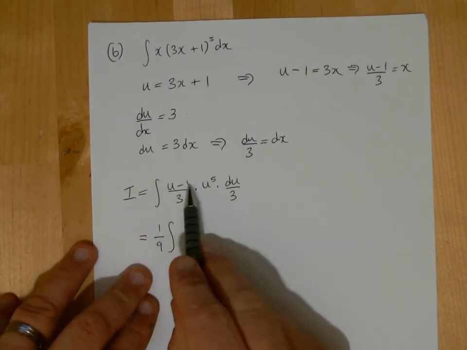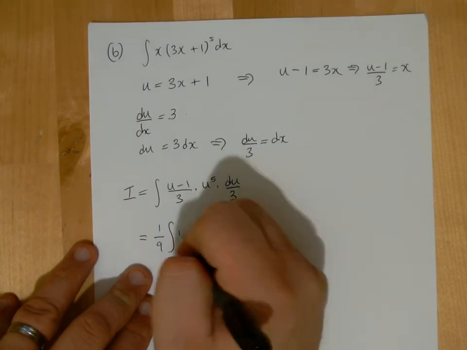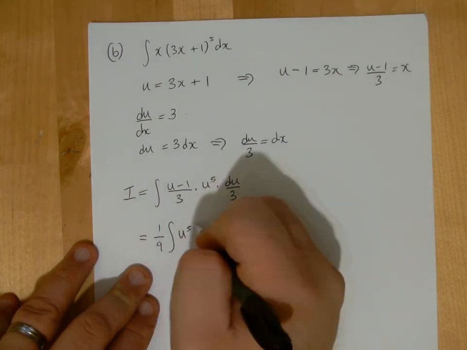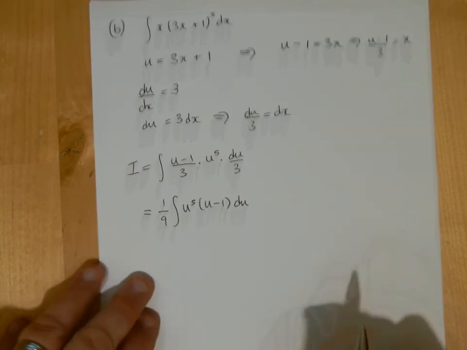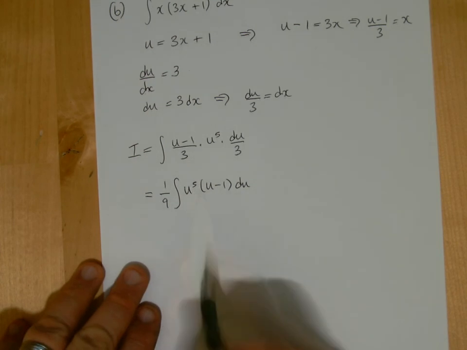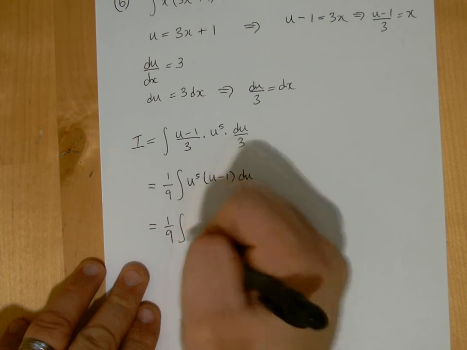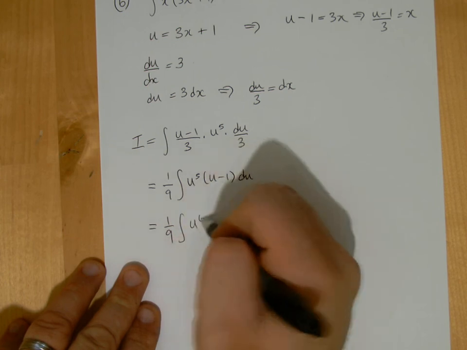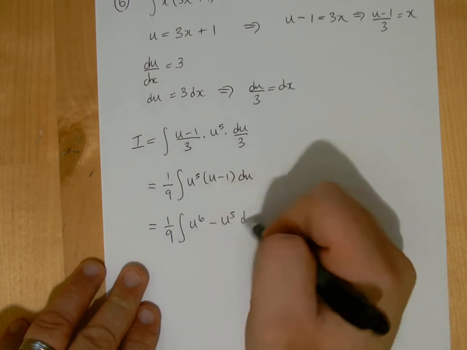In here then, I've got u minus 1, all times u to the power 5. Now if you prefer, you could write u to the power 5 first, and then the u minus 1 du. And just like last time then, this now is going to be simple. I would now expand that bracket, so you get the integral of u to the power 6 minus u to the power 5. When you times that out, it's du.